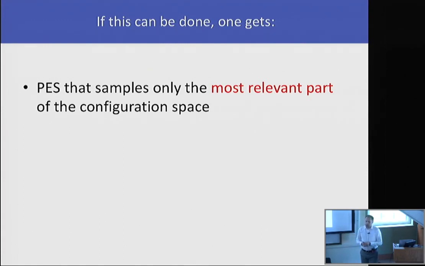We always have to compute global surfaces, but the potential surface, if we do construct it in the conventional way, it's unnecessarily accurate in the entire configuration space. Whereas we know that depending on the collision observables you're looking at, some parts of the configuration space can be more or less important. So this approach would sample the part of the configuration space that's the most relevant for the dynamical process of interest.